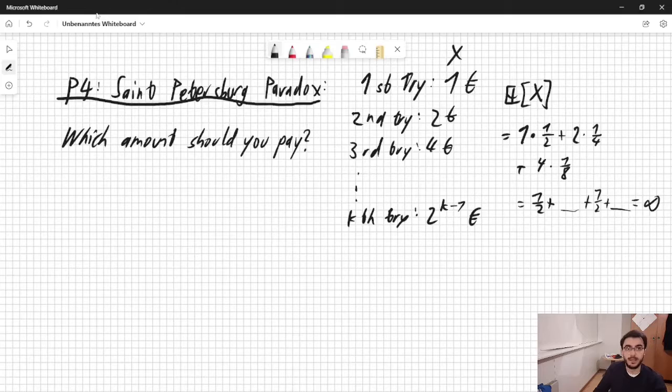So I guess we should pay any amount? Well, not really, because there's a 50-50 chance that we only get €1. So if we pay €1,000,000, that would be incredibly risky, because you can calculate the chance of even winning €100 is very, very slim.